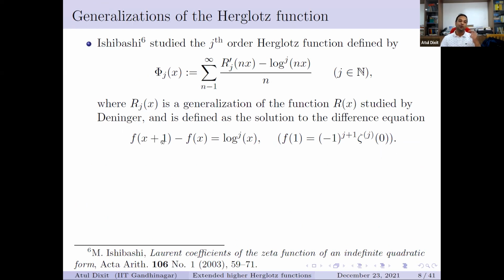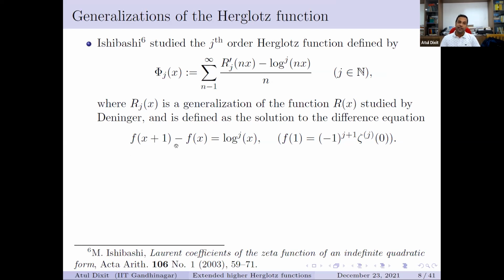Okay. So what happens when j is equal to 1? It's easy to look at it. R_1 of x will be the solution of this difference equation, f of x plus 1 minus f of x is log of x. In this particular case, I'm sure many people must have recognized what is the form of f of x. It is log gamma of x.